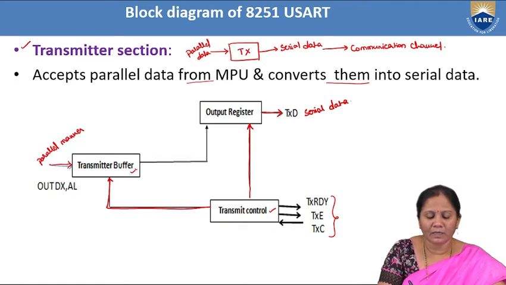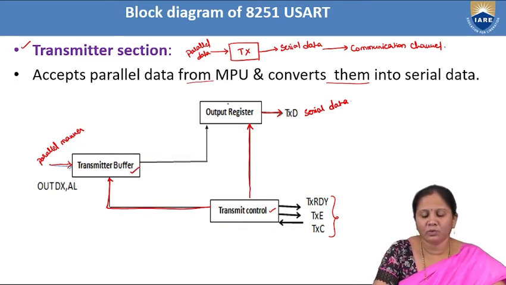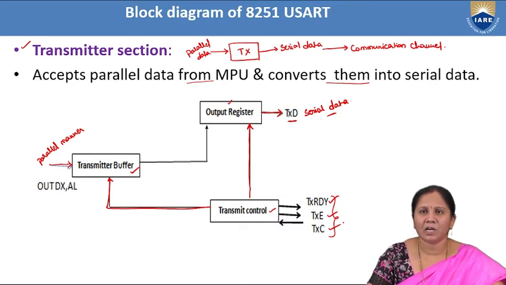The parallel data will first be kept in the transmitter buffer and then sent to the output register. Through this TXD signal, the serial data will be transmitted into the communication channel. So here we have TXD, TXRDY, transmitter ready, TXE, transmitter empty, and TXC, transmitter clock.